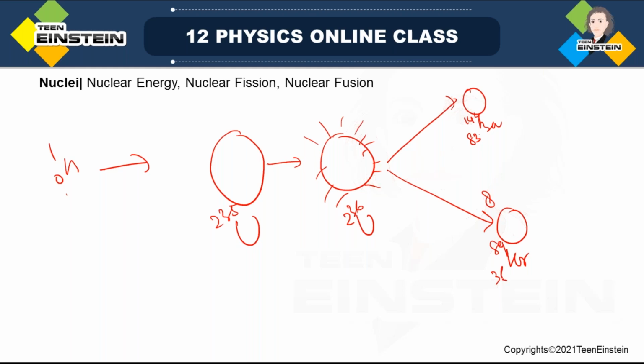36, and along with that there will be 3 neutrons released again. 3 neutrons will be released. 3, 0 and 1. Okay.